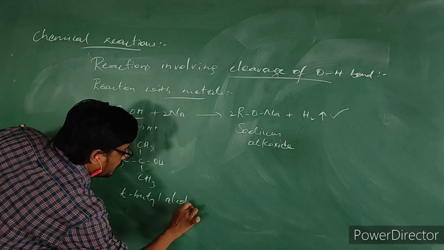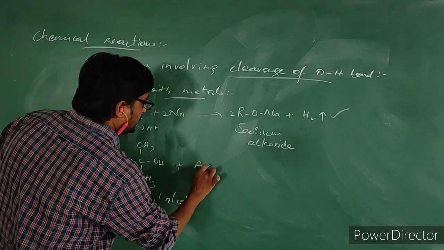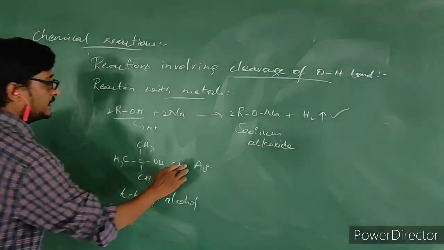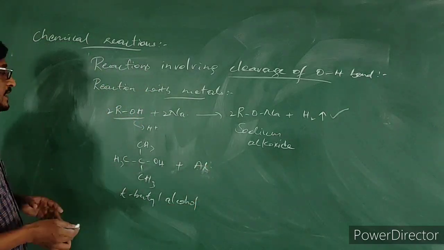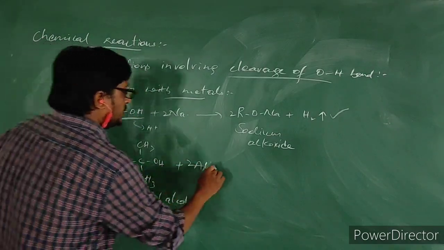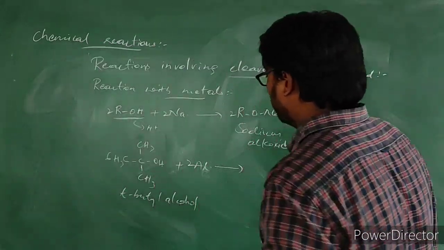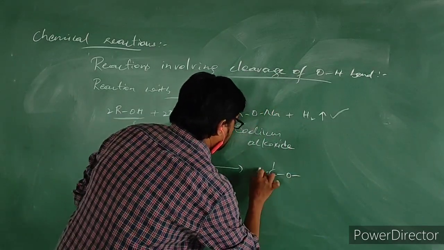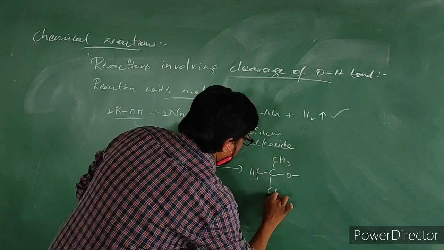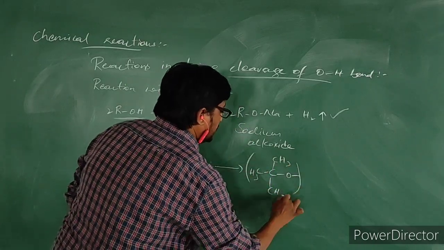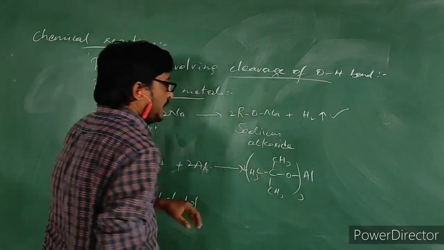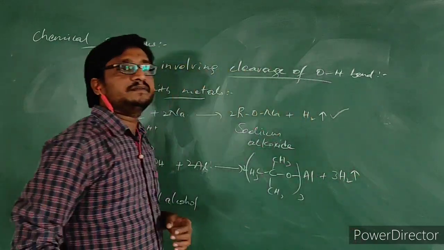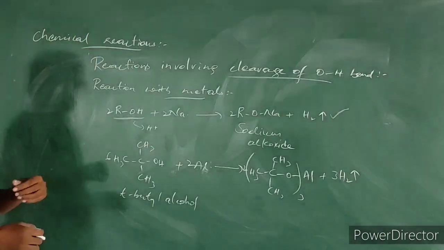When we are treating this with aluminium, sorry, not silver, aluminium, then aluminium tertiary butoxide gets produced in this way. Along with this, hydrogen gas gets liberated.